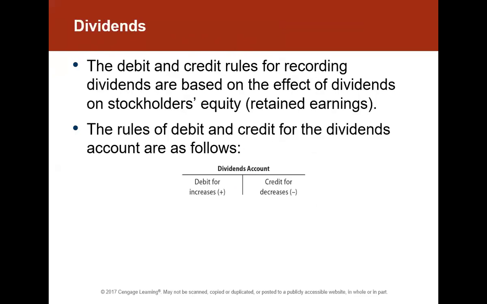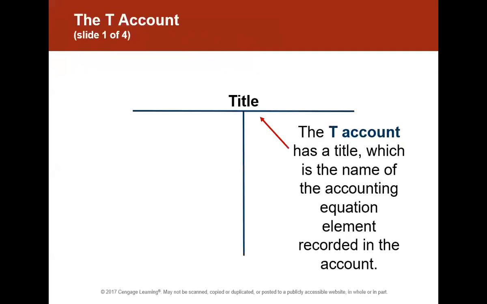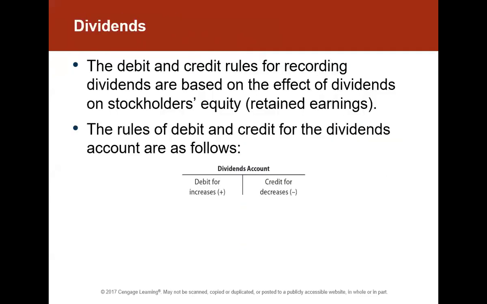And then dividends also decrease equity. So we're going to show that with an increase on the left or debit side. And common stock, I think I must have missed it. Common stock increases on the credit side because it increases equity overall.